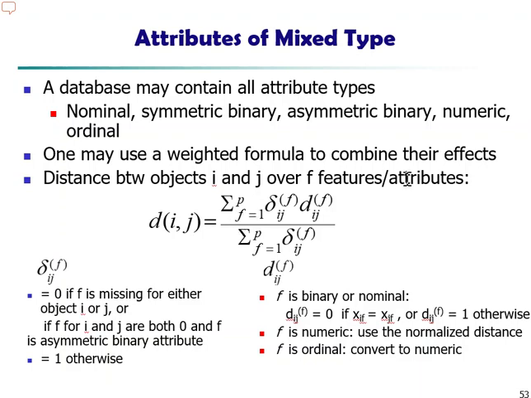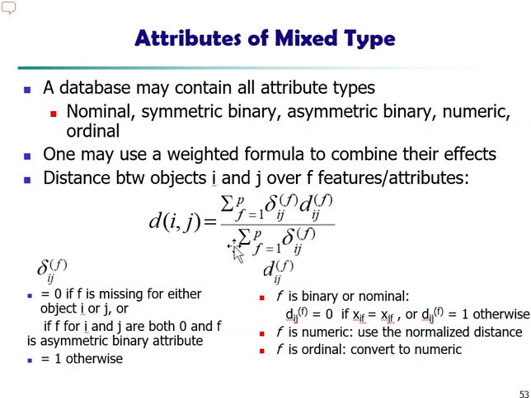attributes, and those attributes can be nominal, binary, numerical, or ordinal. Here, this delta is weight, and this is the distance for certain attributes. We get a weighted sum over all attributes and divide it by the sum of all weights.